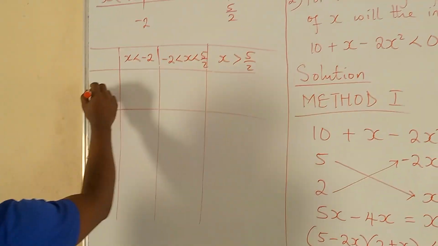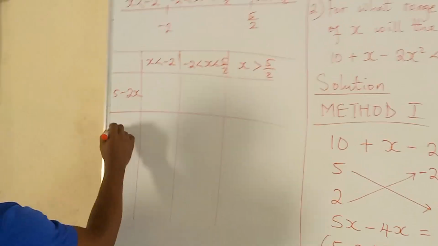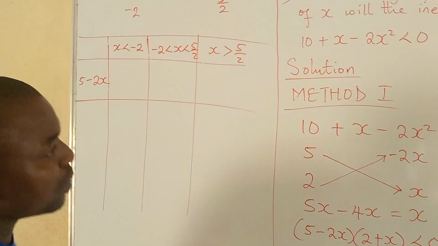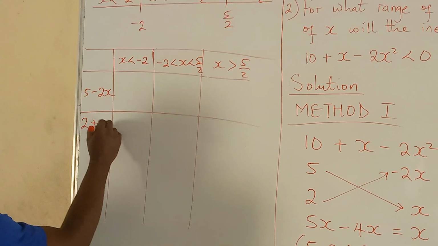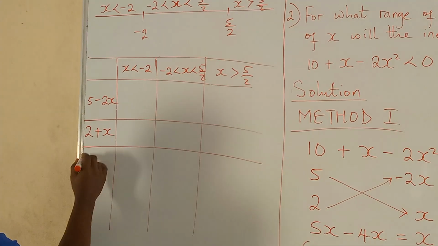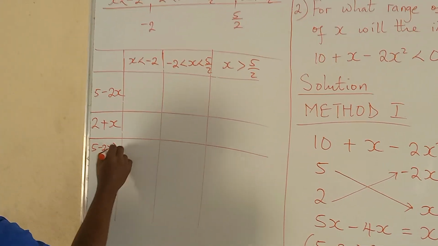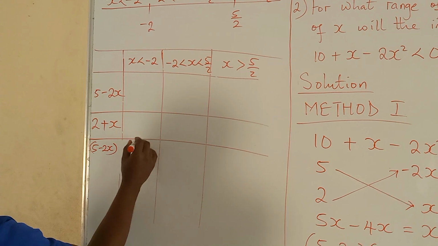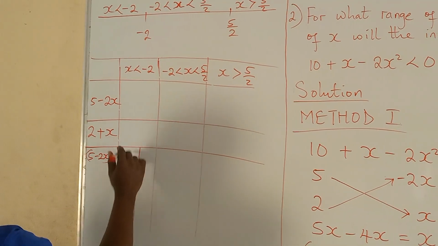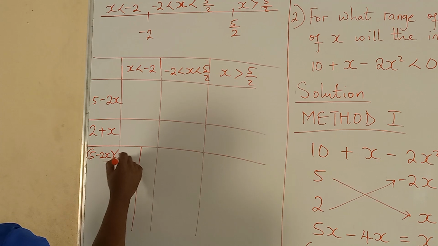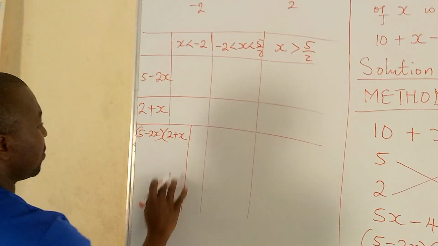The first bracket 5 minus 2x, the next bracket 2 plus x, and then the product 5 minus 2x times 2 plus x.